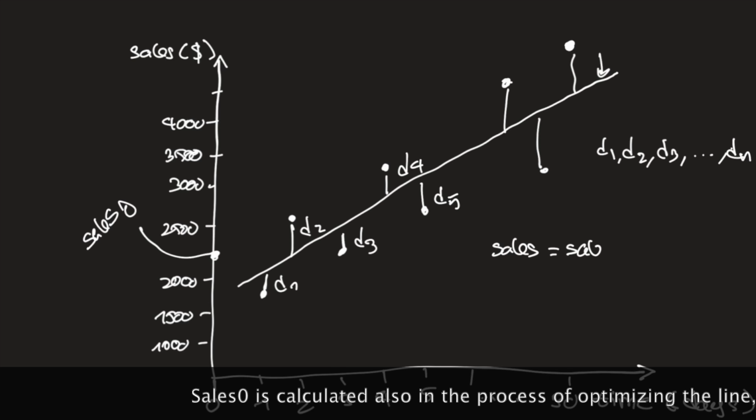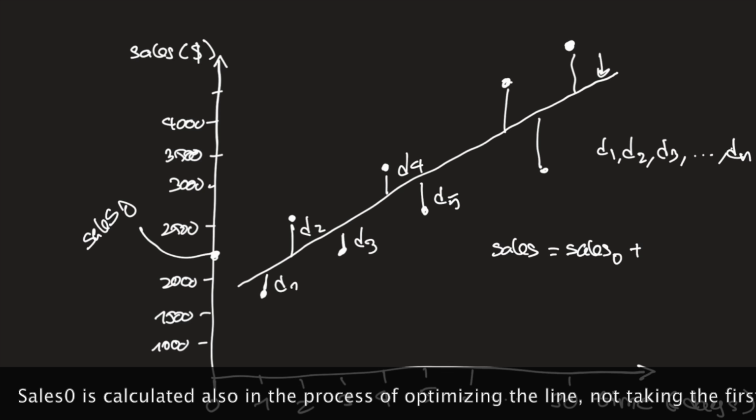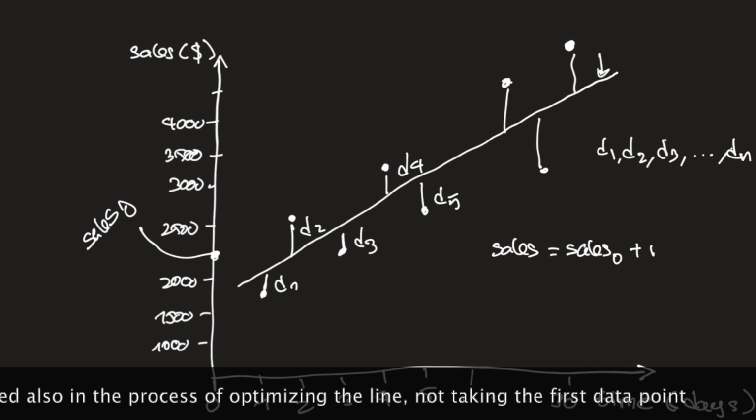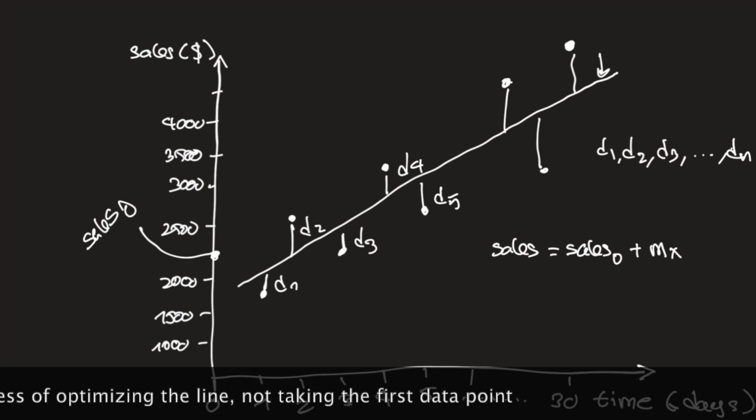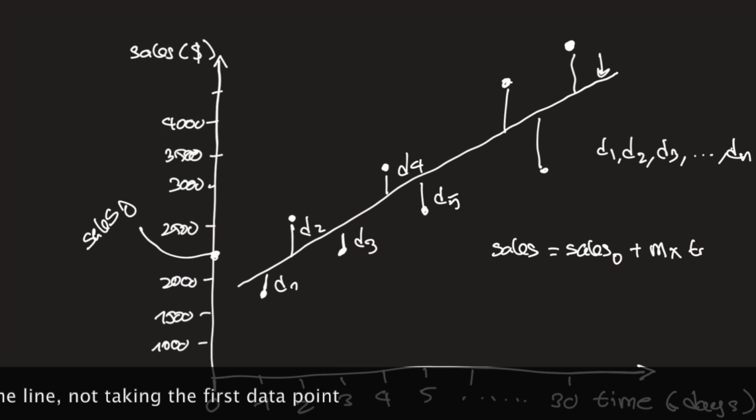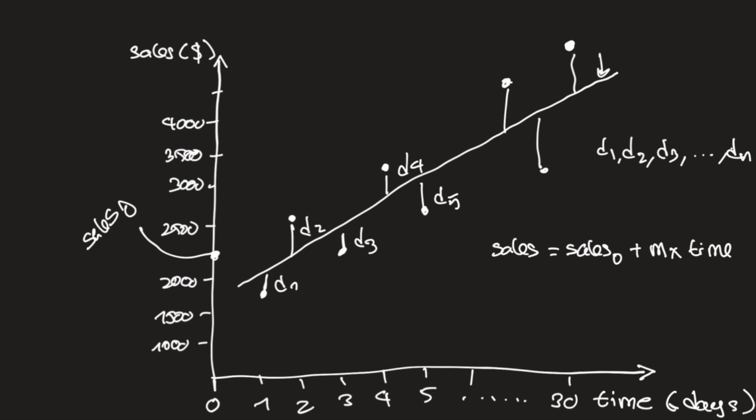So it's going to be sales initial plus some number, we're going to call it M, multiplied by the time, which is how many days have passed. And the objective of finding the line that has the minimal distance to all these points is to find who this number M is. And when we run the algorithm that finds what the number M is, then we have solved our regression problem.